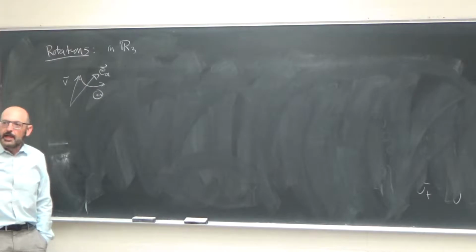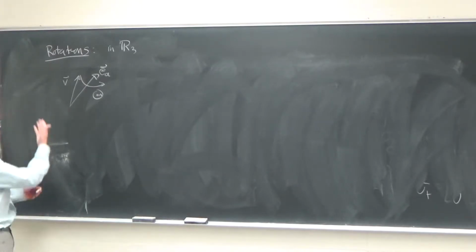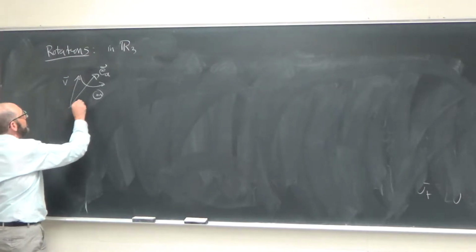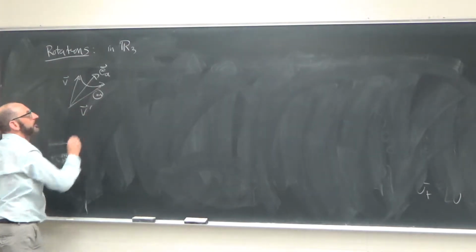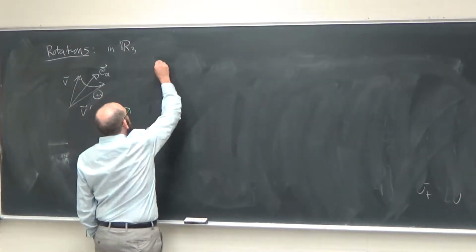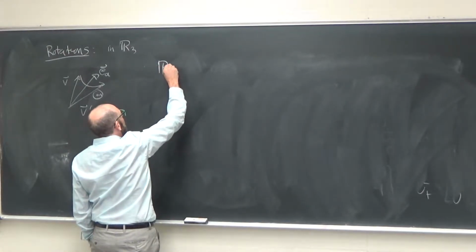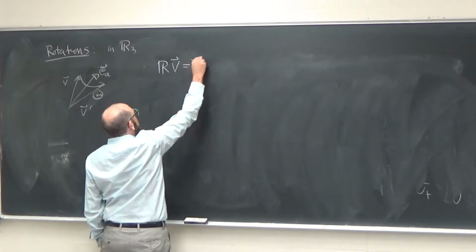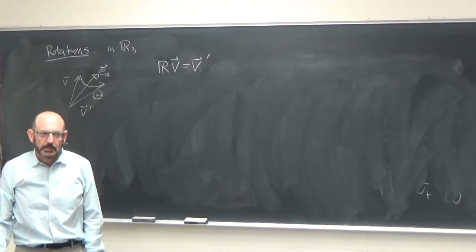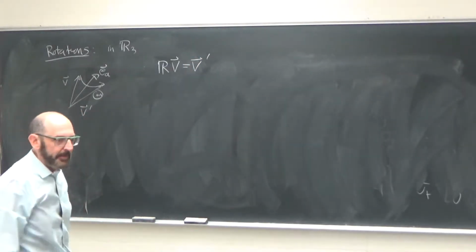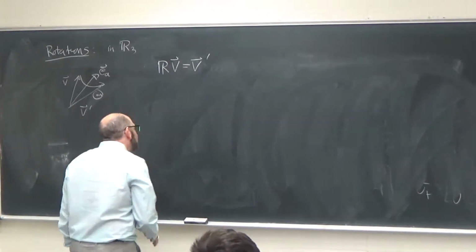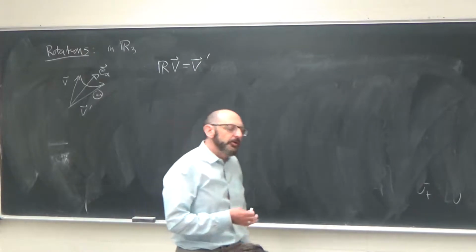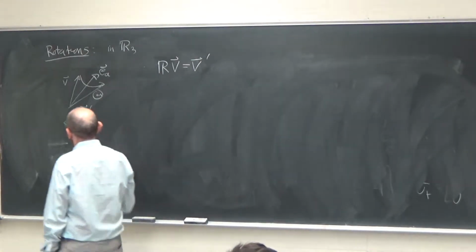Okay? So that is a geometric rotation according to the right-hand rule. It takes the vector V to the vector V prime. So there is some rotation operator that takes V to V prime in 3 space. Okay? Now, in quantum mechanics, that is implemented by a unitary transformation.